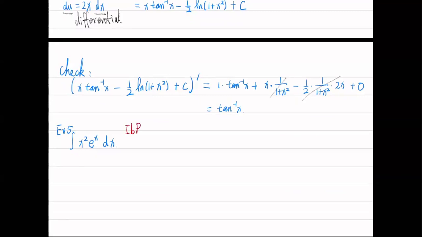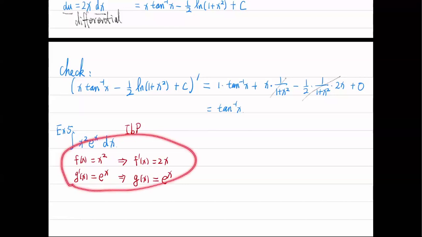And what's the derivative? f is x squared, and g is e to the x. From here, what's f derivative? 2x. What's the antiderivative for g? e to the x. Okay, nice.